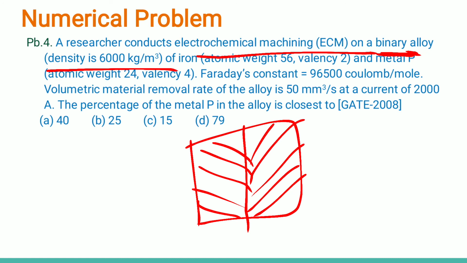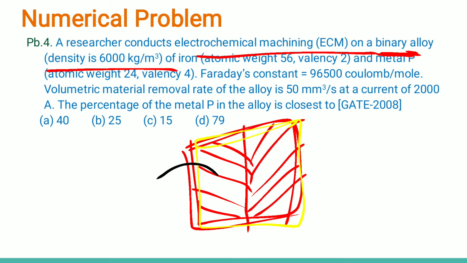The overall density of this binary alloy is given to you. So the density is 6000 kg per meter cube.